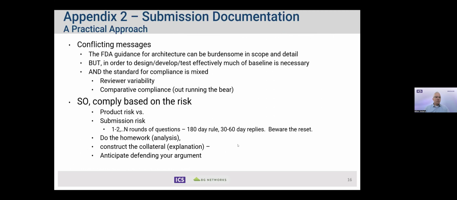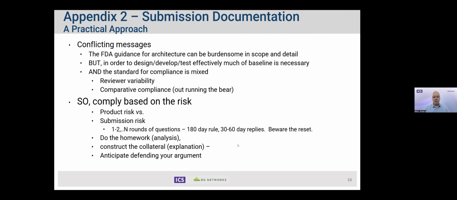So how do we get to a practical approach for Appendix 2? And I'm comfortable delivering conflicting messages. So here we go. The FDA guidance for architecture is burdensome, but in order to design, develop, and test effectively, much of the baseline is necessary. Otherwise, you're kind of blowing smoke. And the standard for compliance is mixed.